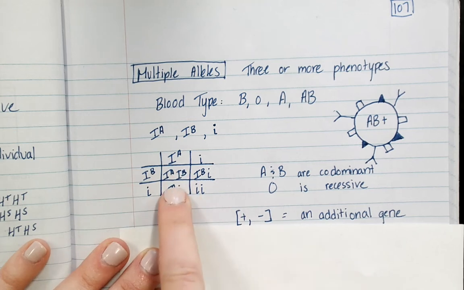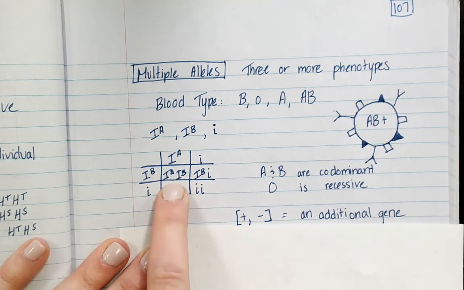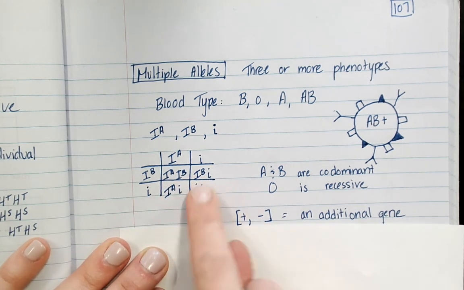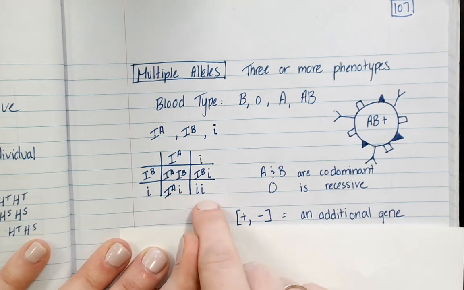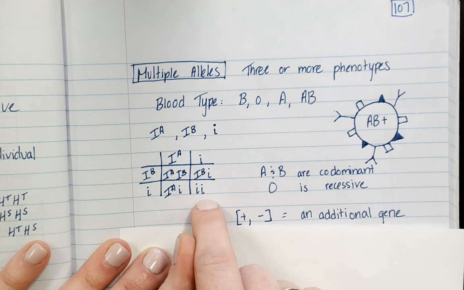So they could end up with AB, they could end up with just B, they could end up with just A, or they could end up with O. So it gets much more complicated than some of the more simple Mendelian crosses that we were doing before.